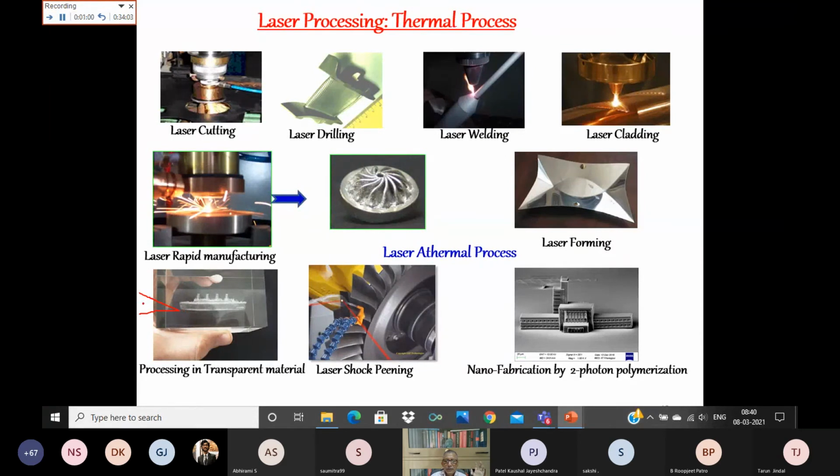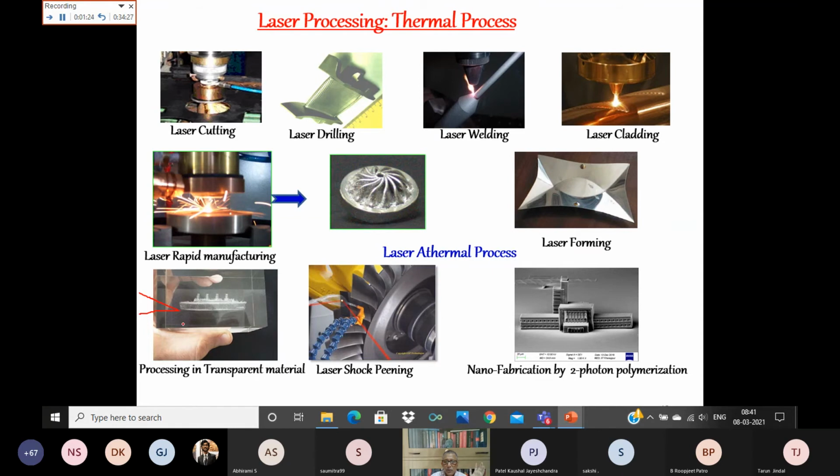So here the laser energy or laser power is controlled in such a way that when it is incident on the surface of the glass, the diameter of the beam is large, so the power density is below the threshold of multiphoton absorption.